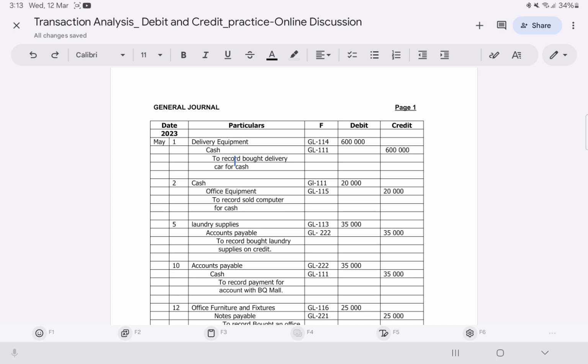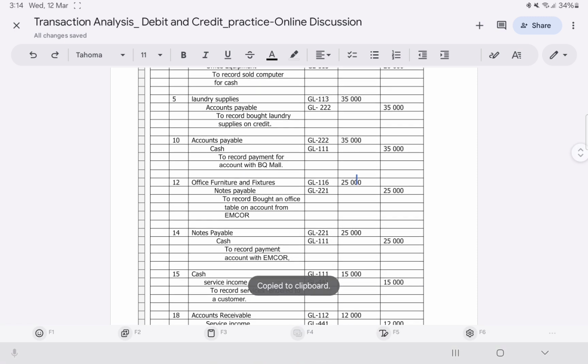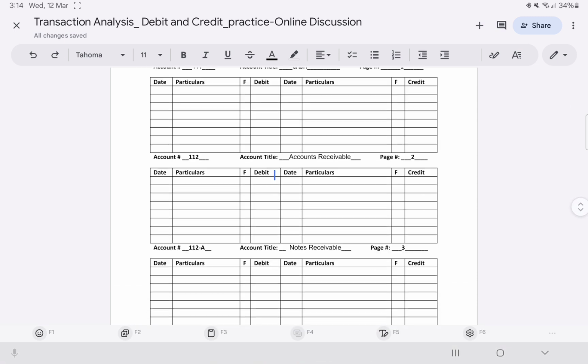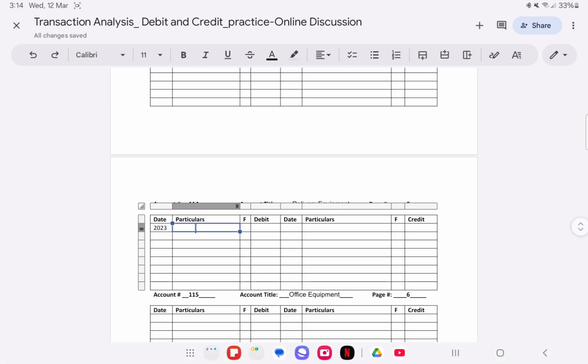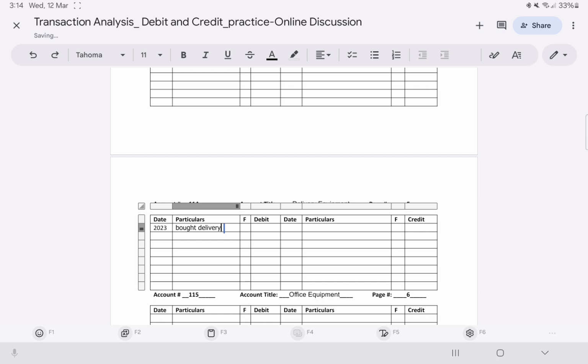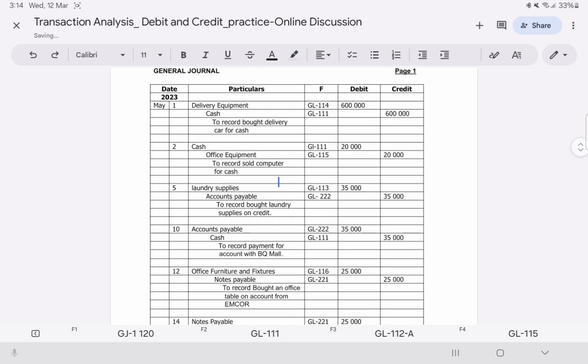You can record this one: bought delivery car for cash amounting to 600,000. What's your folio number? That belongs to JG1. Look at the general journal.